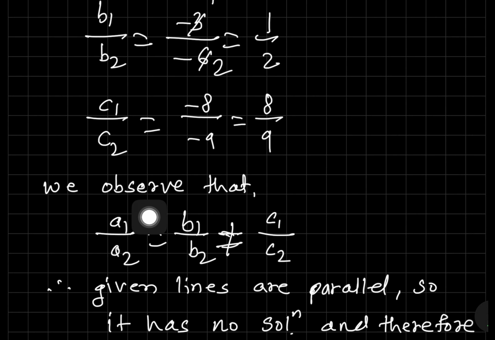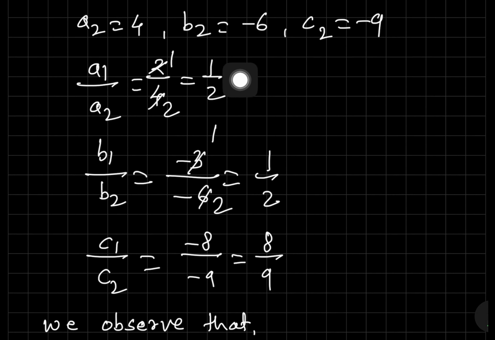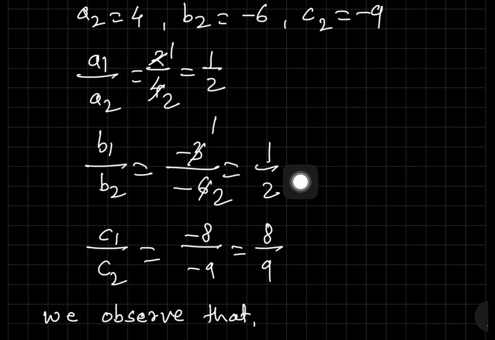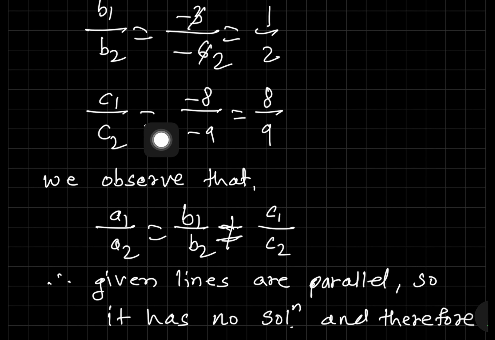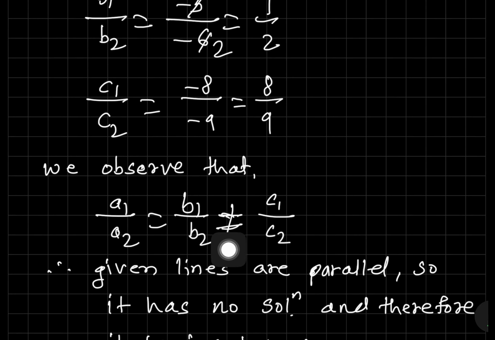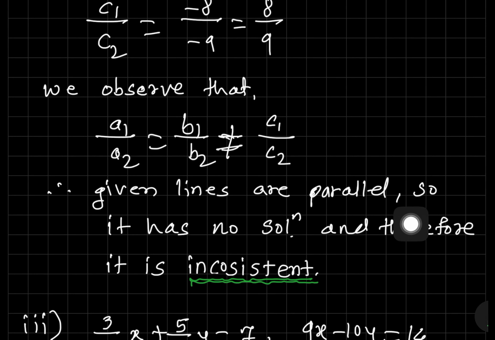So what we observed, a1 upon a2 and b1 upon b2 equal to 1 upon 2. These two ratios are equal, but c1 upon c2 is not equal to this. So the given lines are parallel, so it has no solution. If it is parallel, then no solution, and therefore it is inconsistent.